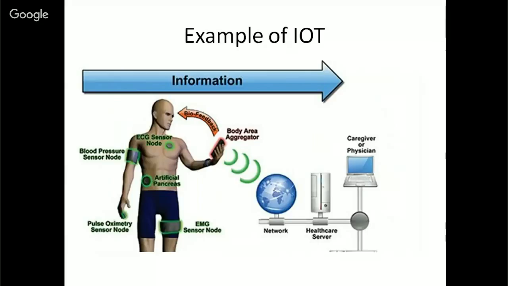Now looking at this image, there are different kinds of sensors attached to a human body: blood pressure sensor, ECG sensor, artificial pancreas sensors, and different other sensors attached to different parts of the body. These will be read and given to the microcontrollers, and from the microcontrollers it goes to the internet, and from the internet you can send that data to anywhere on earth.